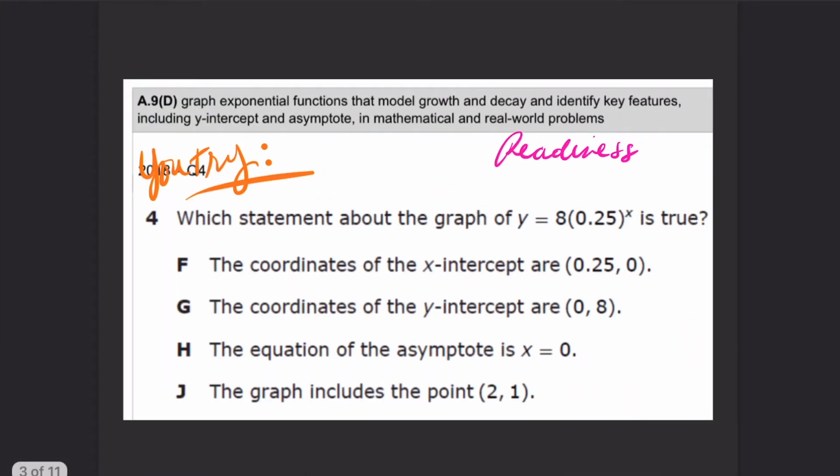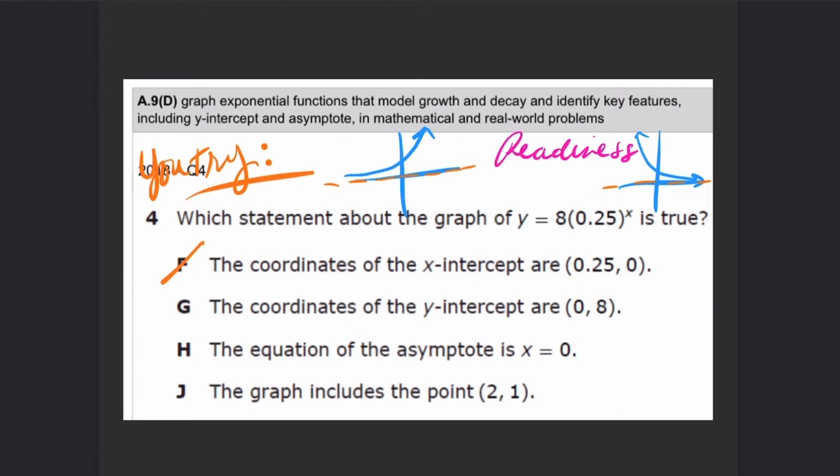Go ahead and try the following question. In order to get the x-intercept, if you remember exponential growth or decay functions, you should remember that the growth looks like this and the decay looks like this. Also, you have to remember that both of these have a horizontal asymptote at y equals 0. That's why they do not cross or touch the x-axis, so F is not correct.